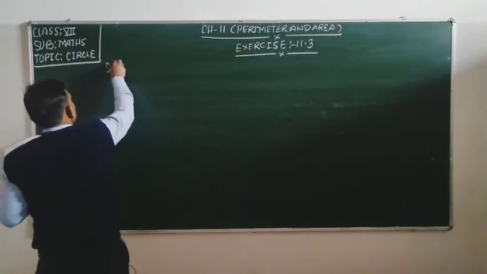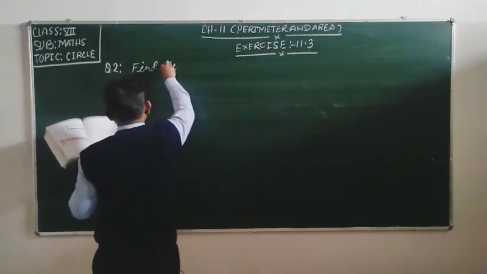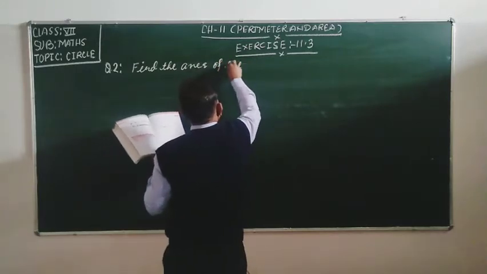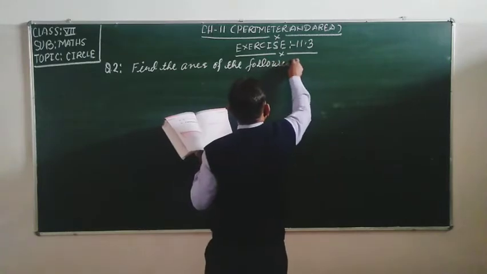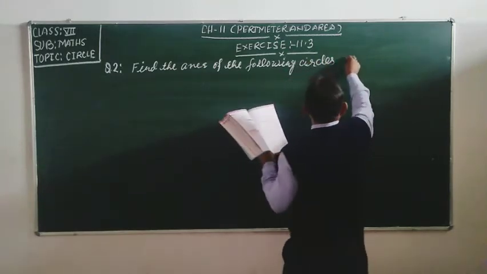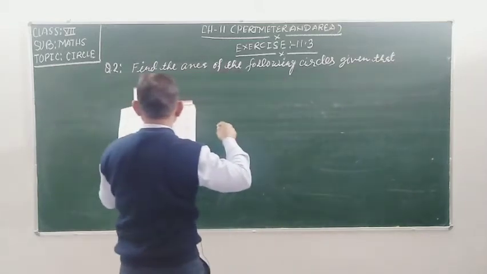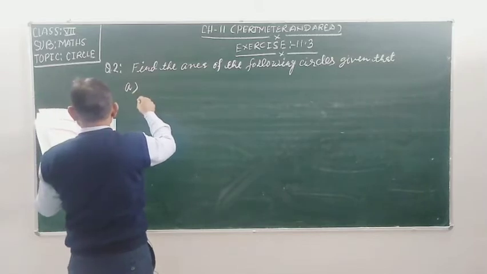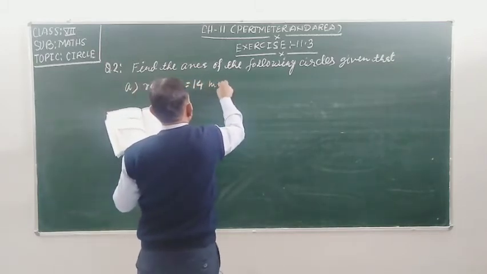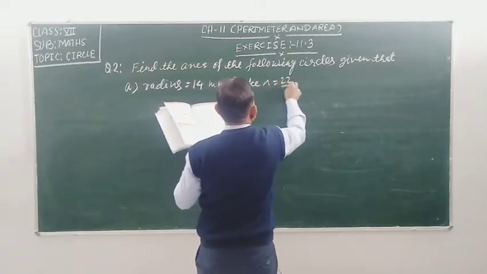Question number 2 is saying, student, find the area of the following circles, given that radius, part A, student, radius 14 millimeter, and take, as given in the question, pi is equal to 22 upon 7.